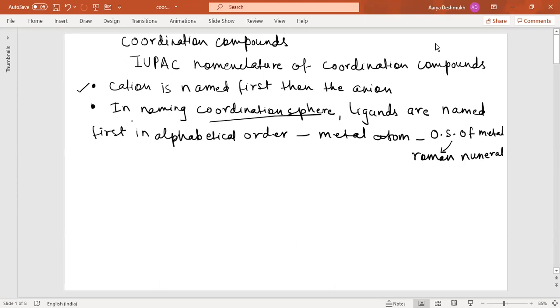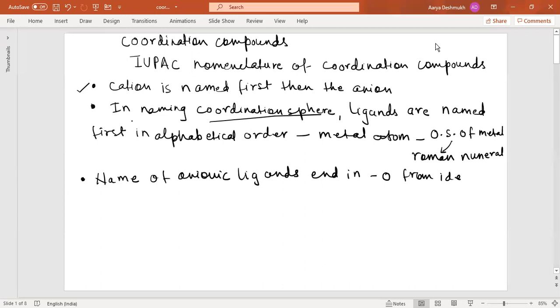Now the next thing, no doubt, we'll be discussing by taking examples, so it will be more clear then. Names of anionic ligands end in O, from IDE.